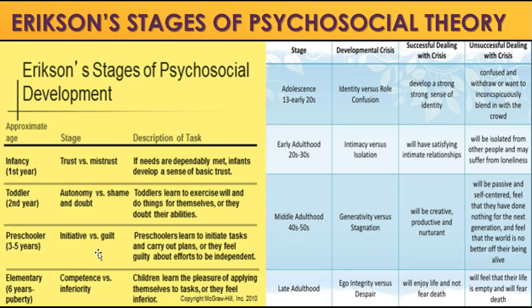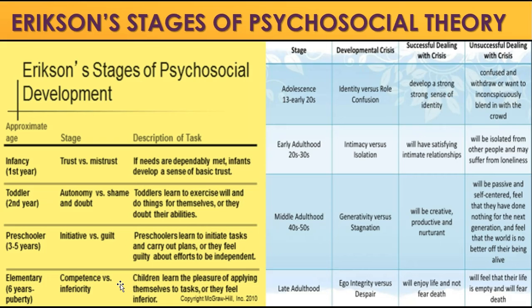Then once they get into elementary school years, 6 years to puberty, competency versus inferiority is what this stage is called. And here is where children learn the pleasure of applying themselves to tasks, or they feel inferior.